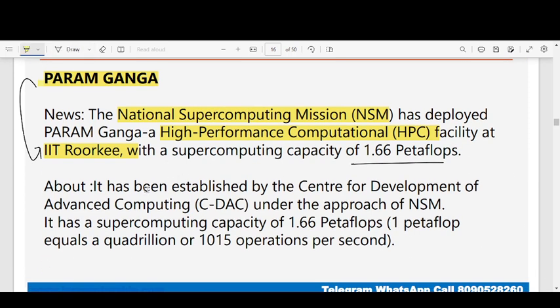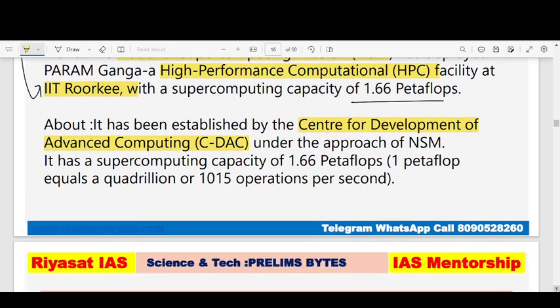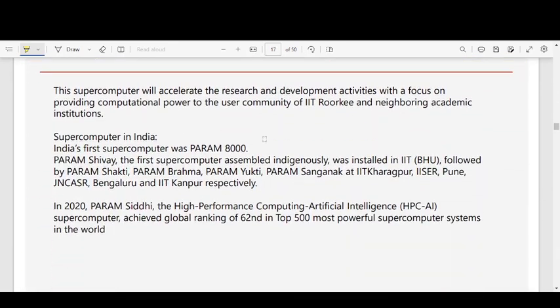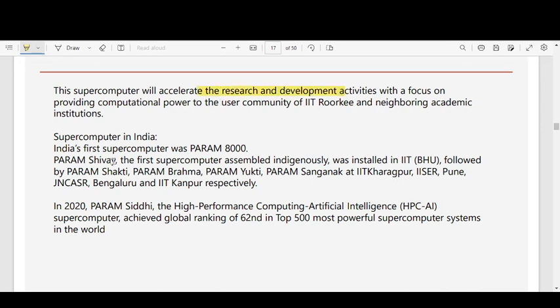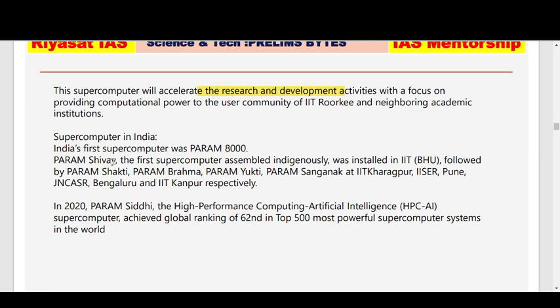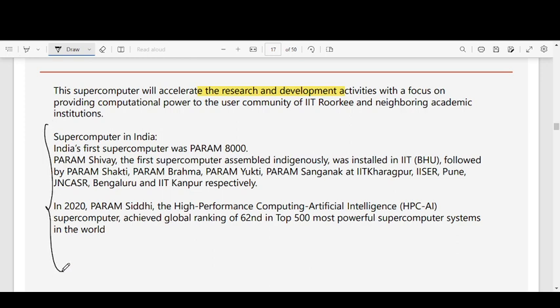Who is its developer? The developer is the Centre for Development of Advanced Computing, CDAC. Okay, this you need to know about your Param Ganga. Also, you need to know that this supercomputer will accelerate R&D. Everywhere, the primary function of a supercomputer is to accelerate R&D. Clear? And you need to know some facts which are very important.